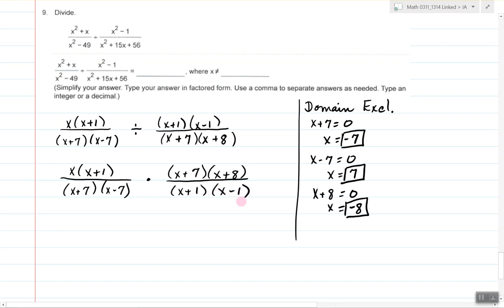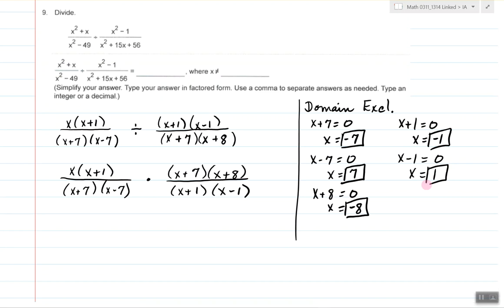I did a keep, change, flip. Well, I have 2 new factors now to consider that are denominators. So if x plus 1 is 0, x is negative 1. There's a new domain exclusion. If x minus 1 is 0, x is 1. Another new one. I have 5 domain exclusions.